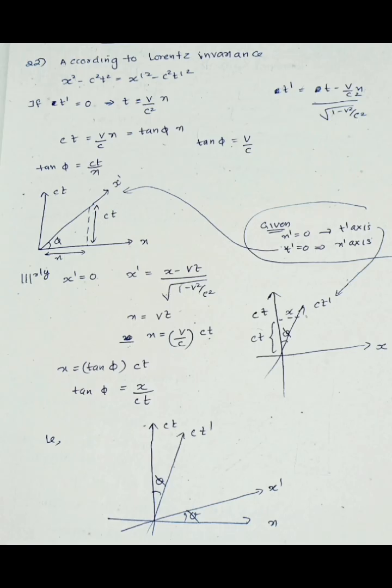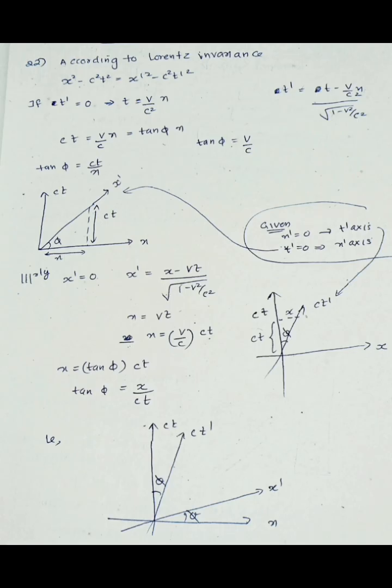Substituting the value of 1 in 2, we get x is equal to tan phi into ct. That is, tan phi is equal to x by ct. So the ct axis is moved by an angle phi to get ct dash in such a way that tan phi is equal to x by ct.